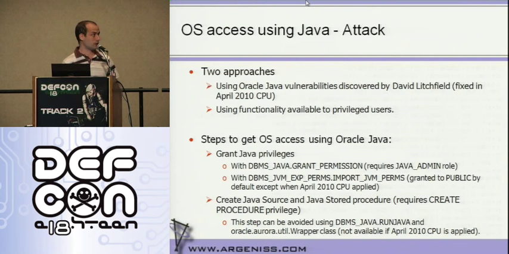So the next attack example that will get operating system access is the Java attack. There are two approaches that I will be showing today. One that doesn't require special privileges, and it uses the vulnerabilities discovered by David Litchfield this year, and that were fixed in the April 2010 CPU.